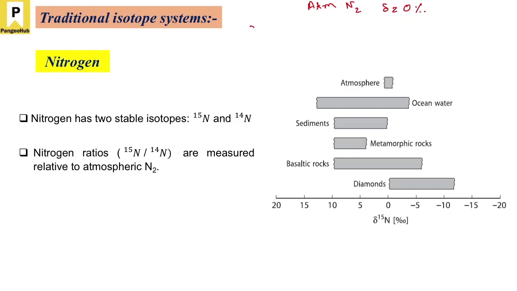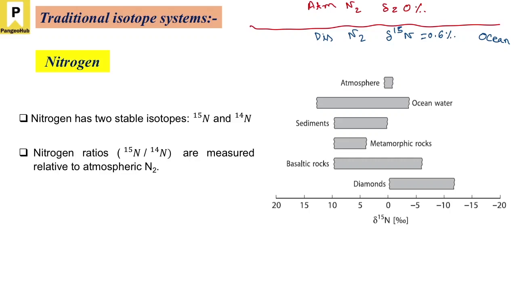Then it is absorbed in the ocean. The upper layer of the ocean is oxic, so it will be dissolved nitrogen. So here delta 15N is close to 0 per mil.